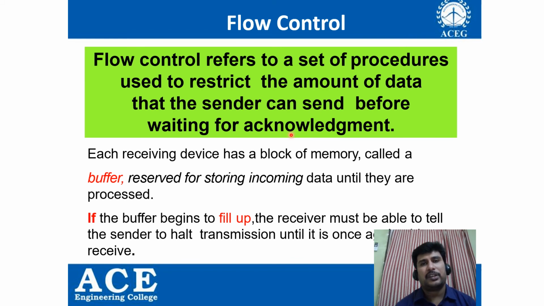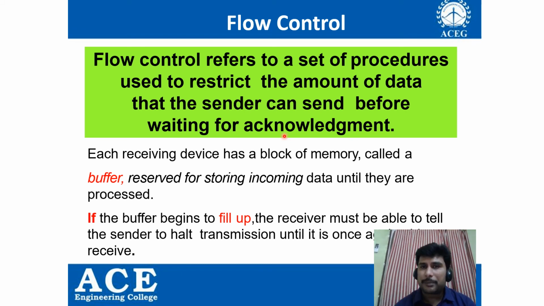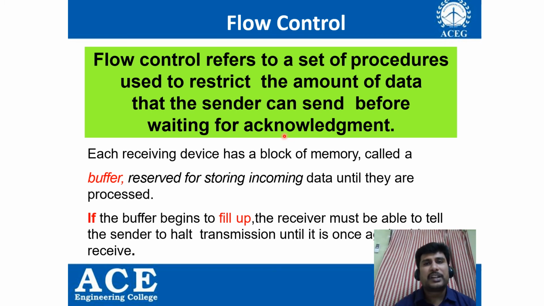For instance, if I continuously transmit data from the sender to the receiver, but the receiver does not have the capability of receiving, what happens? After a certain extent of receiving, the data will start to overflow at the receiver because it does not have that capacity. To avoid this scenario, we implement flow control to ensure that no data is lost.